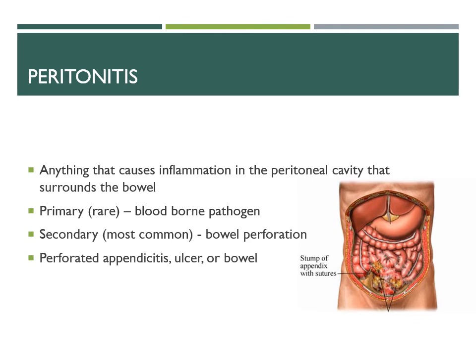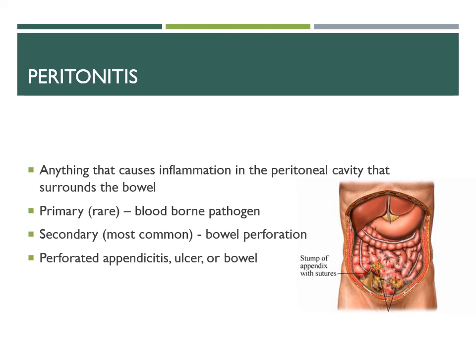Okay, so a primary peritonitis, meaning it traveled there from your blood, would be almost unheard of. That would be very strange. Usually you get peritonitis secondary to another illness that you had. So, for example, you have a gastric ulcer and it perforated through to your peritoneal cavity.